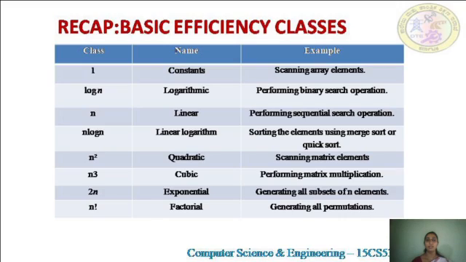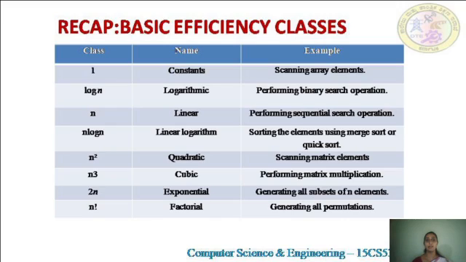Class 1, called constant, is used to represent the scanning of array elements. Log n, logarithmic, is used to represent the performance of the binary search algorithm. N, called linear, is used to represent the performance of sequential search.